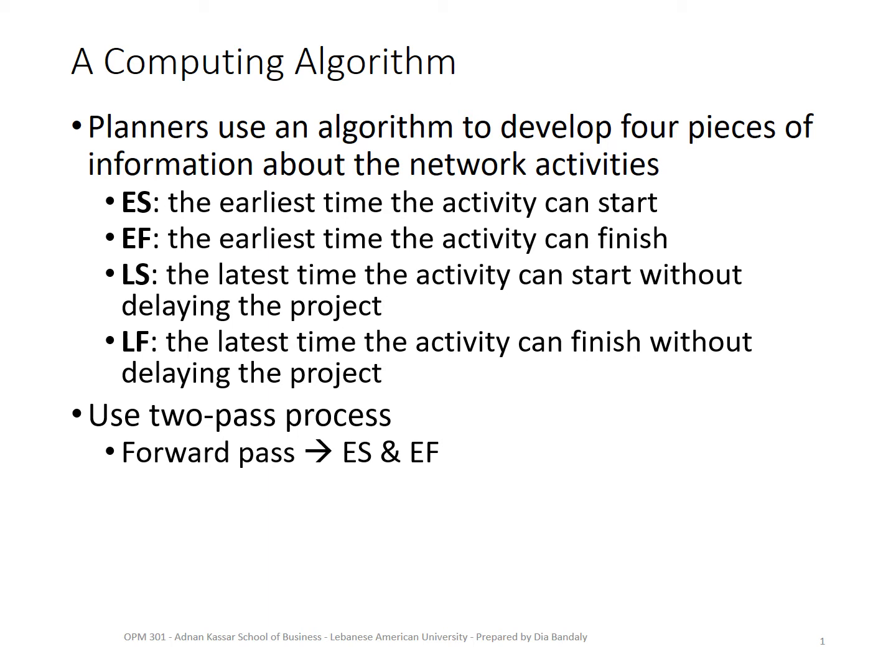Then once we have all these, we do a backward pass. We start from where we finished the forward pass, and we go back to where the forward pass started in the first place. All right, we're going to see that anyway, don't worry. So we're going to find the late start and the late finish at the end of this pass.